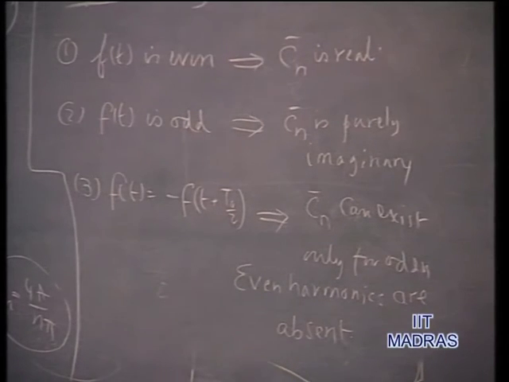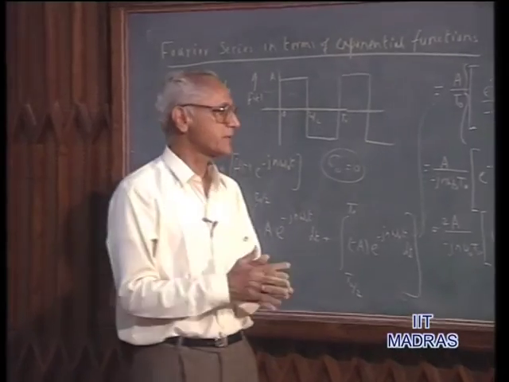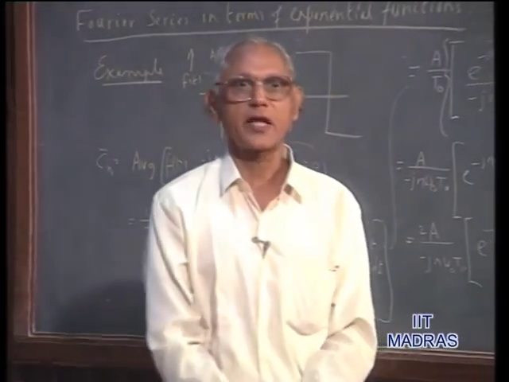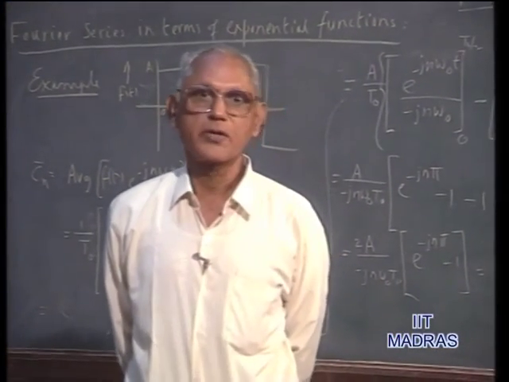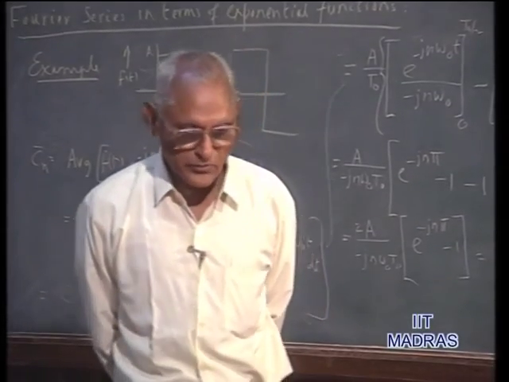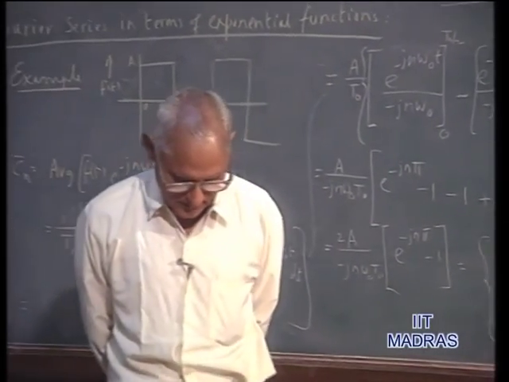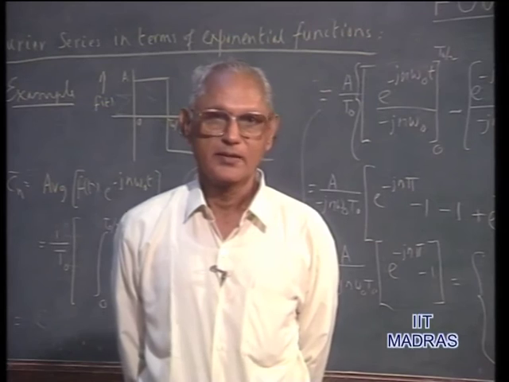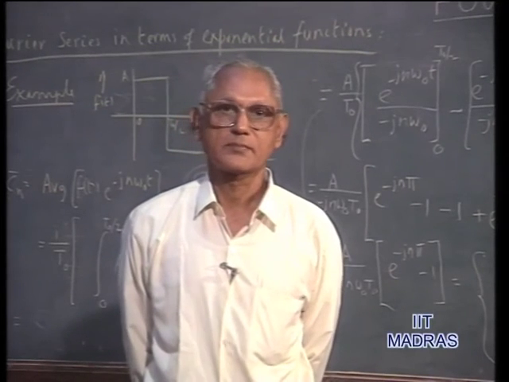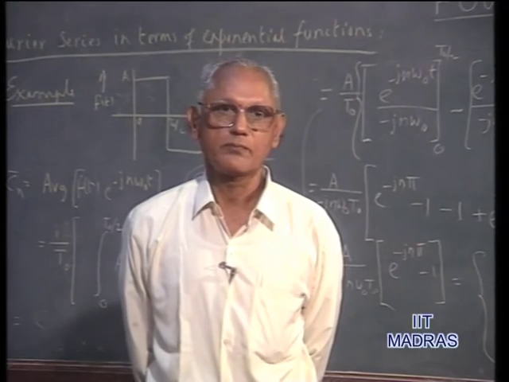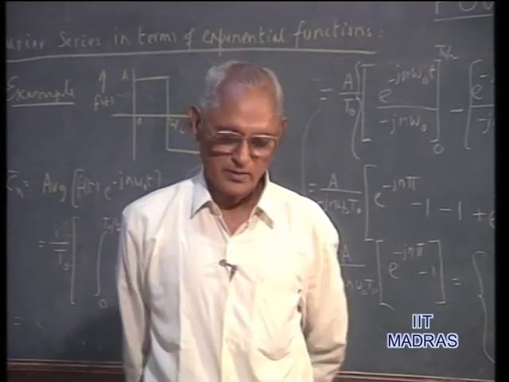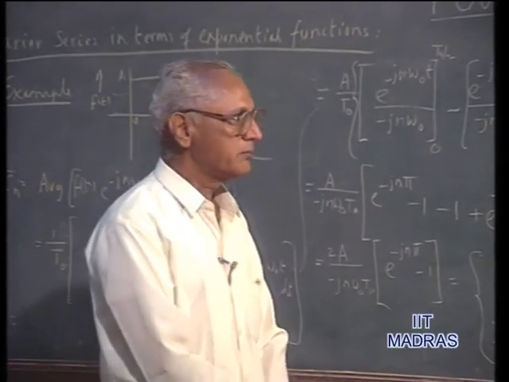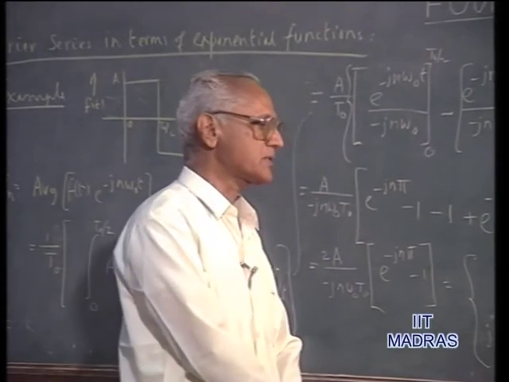So to summarize what we have done in this lecture, we started with an example in which we have taken a half-wave rectified sine wave, found out its Fourier series, making effective use of the symmetry conditions. We saw that a half-wave sinusoid can be broken up into its even part and odd part. The odd part was a pure sine wave. The even part was a full wave rectified sine wave, where whatever waveform is there in one half cycle is reproduced, and therefore we have only the even harmonics present.